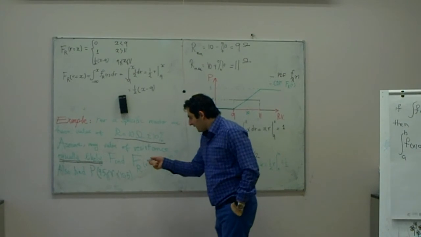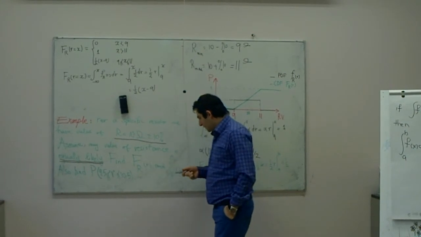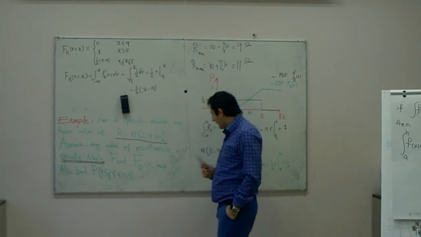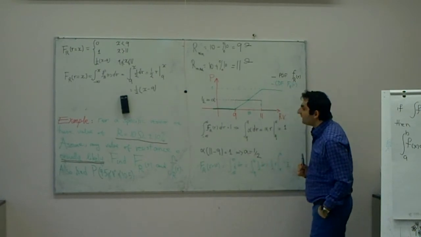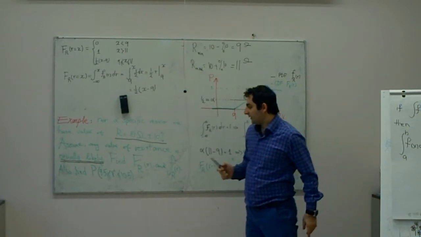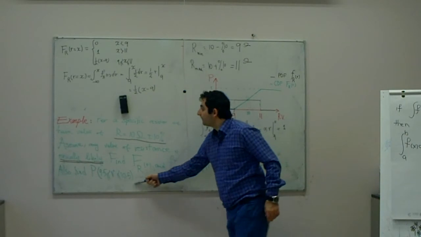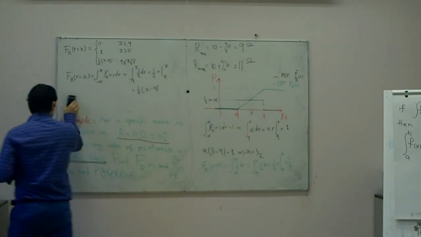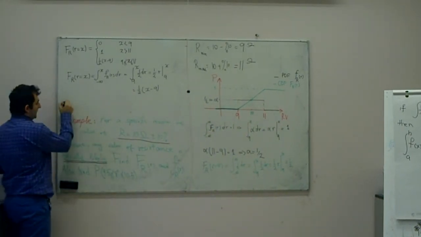So it says find F r, the cumulative distribution function, find the PDF, and one last part. It says, what is this value? I think this is very easy to calculate.